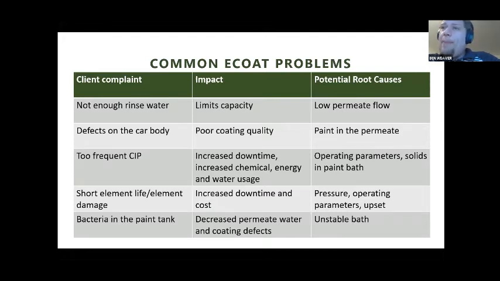Really looking at operating parameters to identify what's causing the membrane to foul up quickly and require too frequent CIP. Typically it's going to be either a contamination issue or the solids in the paint bath. But we want to look at all options to understand what is really causing the frequent CIPs in the system.